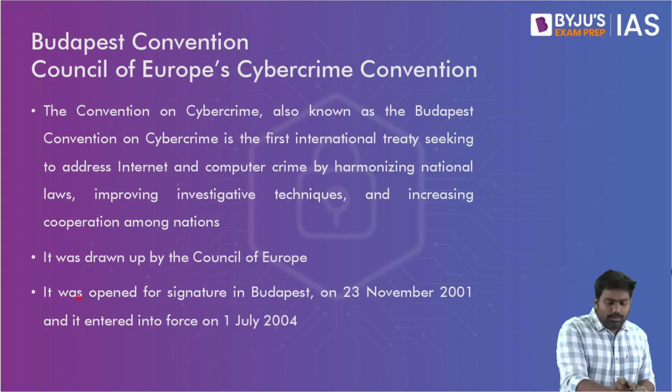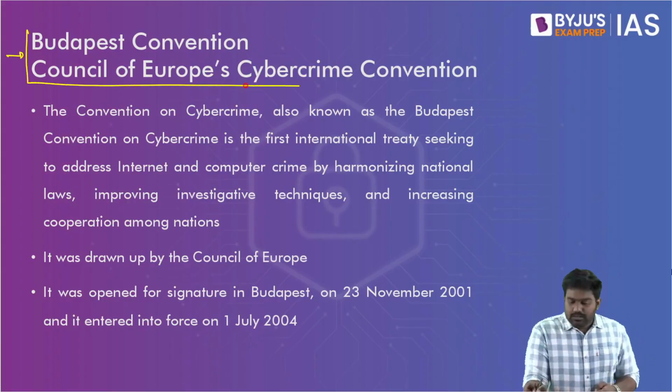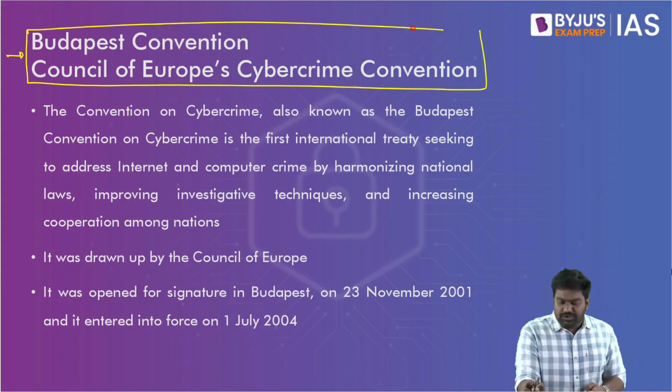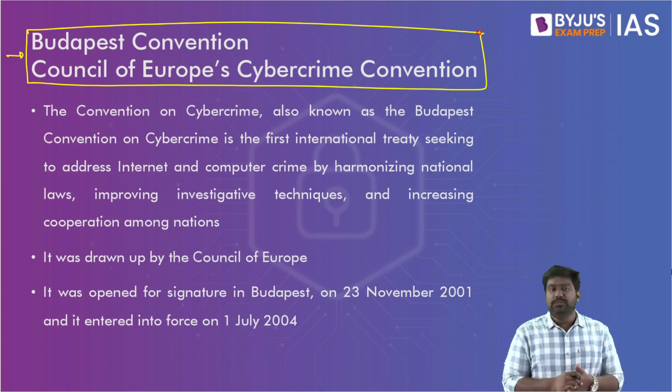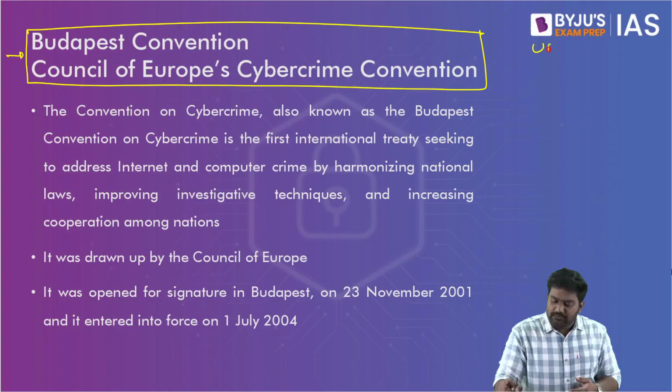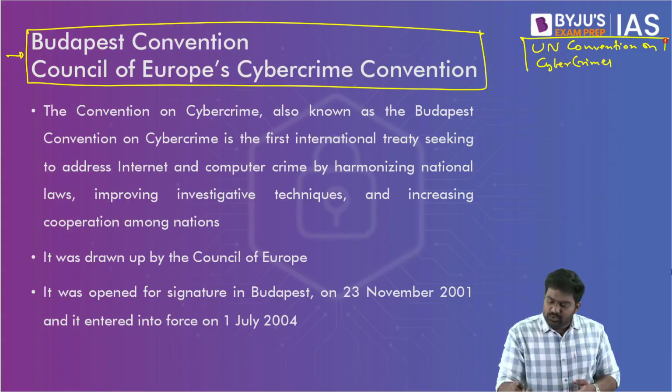Now coming to the global framework, there is no UN convention as of now. Of course, there is one being negotiated that deals with cyber crimes. Currently, there is a UN convention on cyber crimes, which is still being debated. The UN is working on a global framework for cyber crimes. It's still a proposed framework.